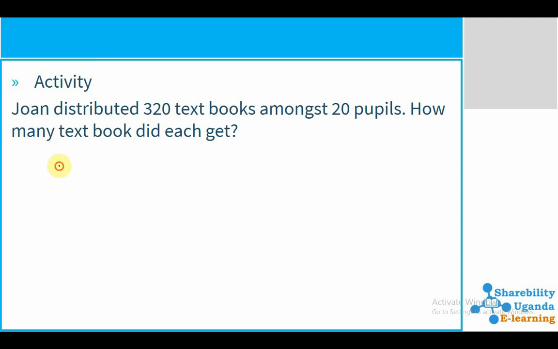We have 320 textbooks, and we are going to divide them among 20 pupils. So here we can use any of our methods.